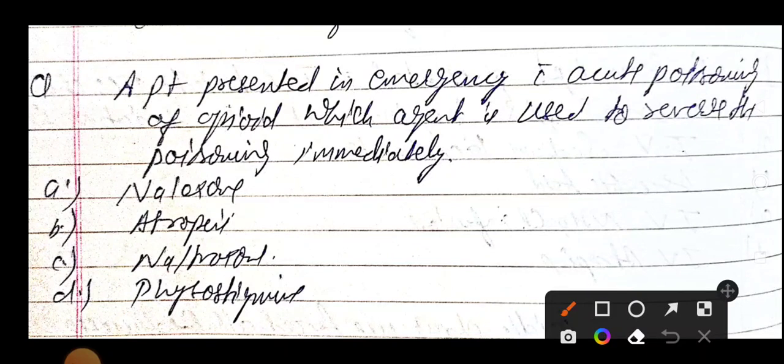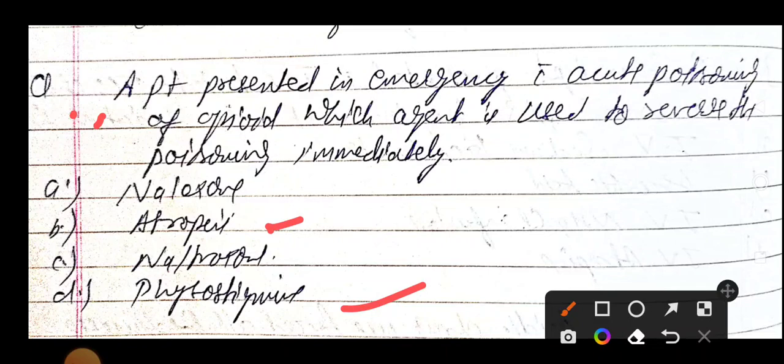Patient presented to emergency with acute poisoning of opioids. Which agent is used to reverse the poisoning immediately? So guys, in case of opioid poisoning, immediate treatment: option A is naloxone, B is atropine, C is naltrexone, D is physostigmine. So let's discuss each. Physostigmine we use in case of atropine poisoning, and atropine we can use in case of physostigmine poisoning, okay, and bradycardia.